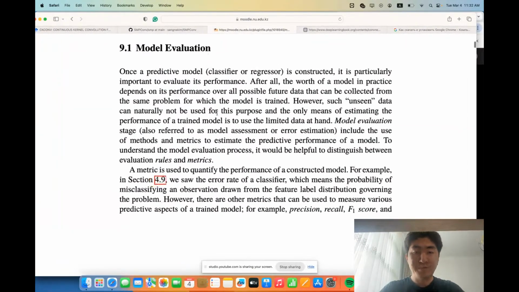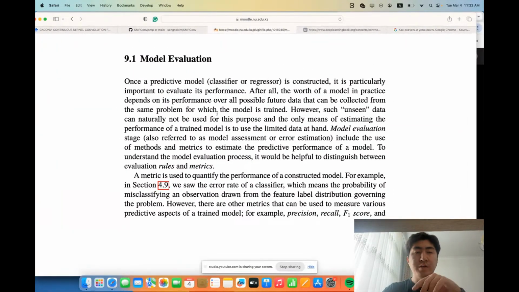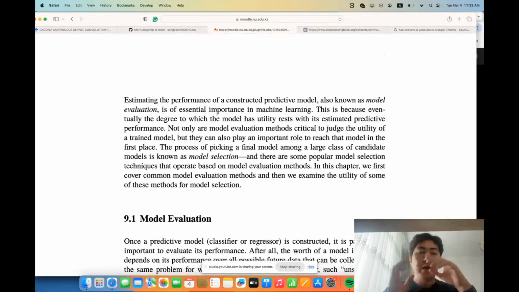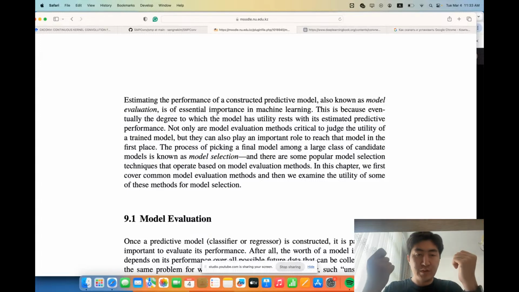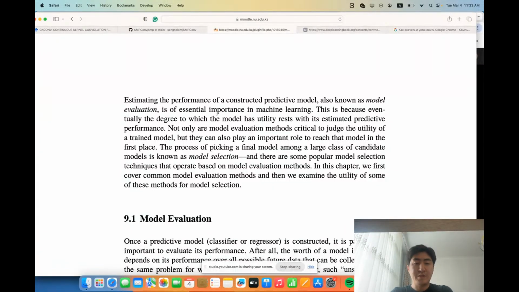So we start to talk about this one, right? Estimating the performance of a constructed predictive model, also known as model evaluation, is of essential importance in machine learning. This is because eventually the degree to which the model has utility rests with the estimated predictive performance. Not only are model evaluation methods critical to judge the utility of a trained model, but they can also play an important role in reaching the model in the first place.